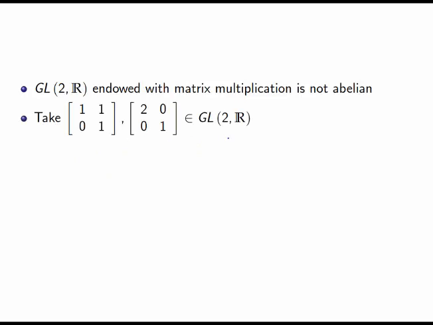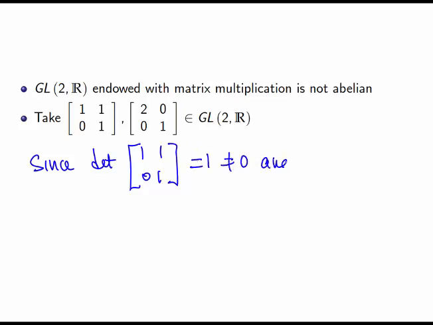First of all, to verify that these two elements are indeed in the general linear group, it is enough to see that the determinant of [[1,1],[0,1]] is 1, which is of course not 0, and the determinant of [[2,0],[0,1]] is 2, which is not 0.